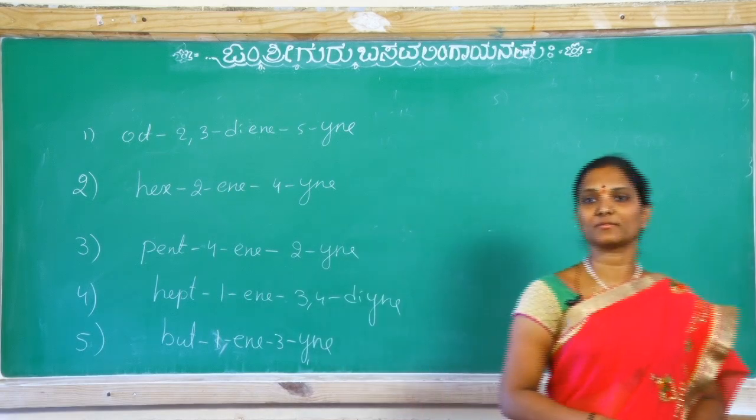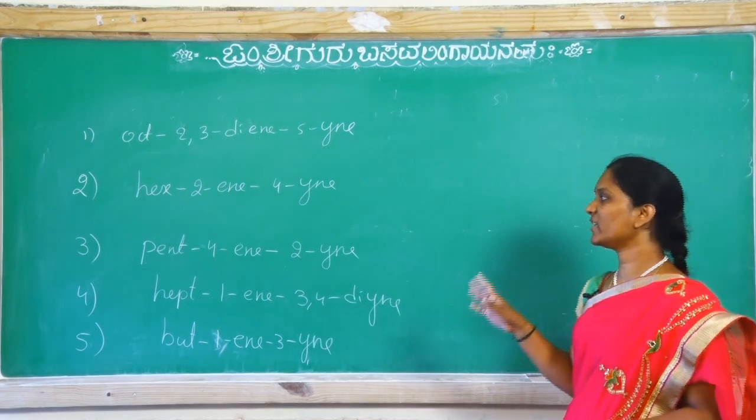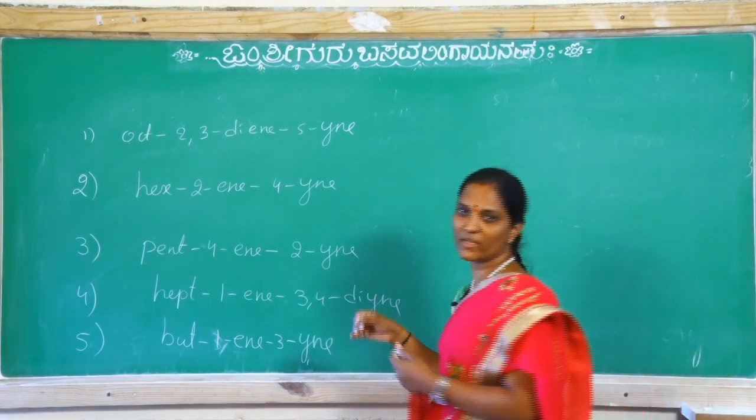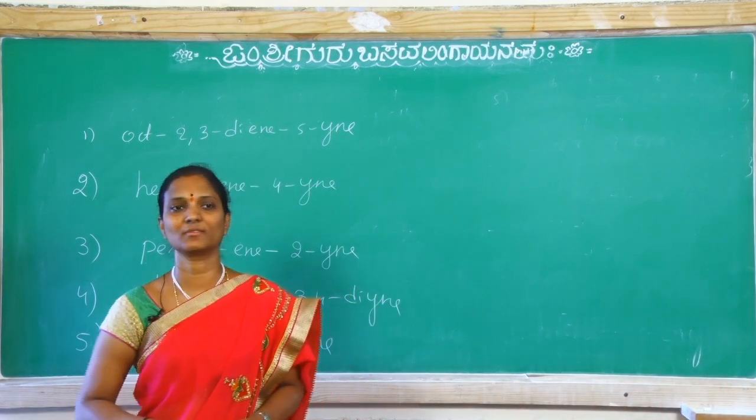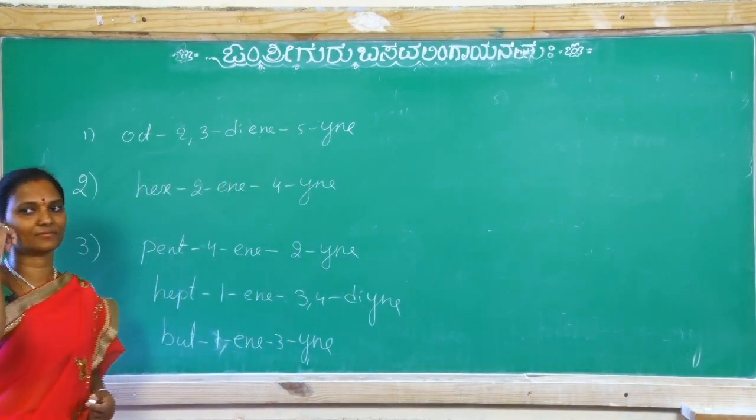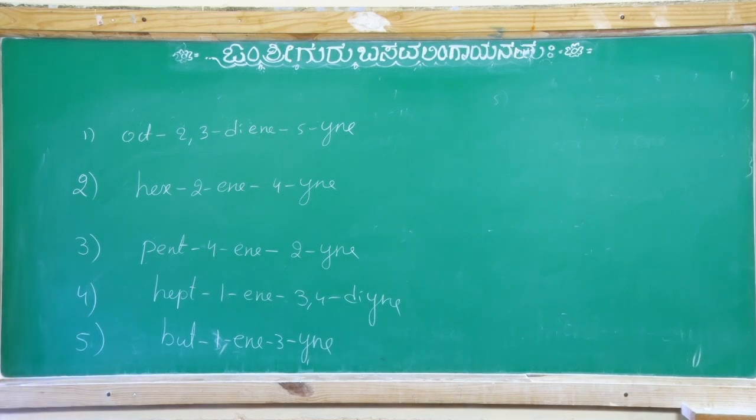Five names. How many are right, how many wrong, and which one is not possible? Which one can't we correct?